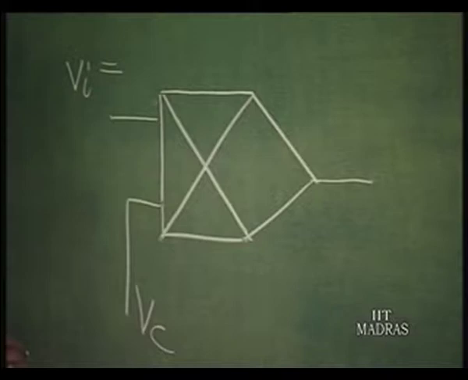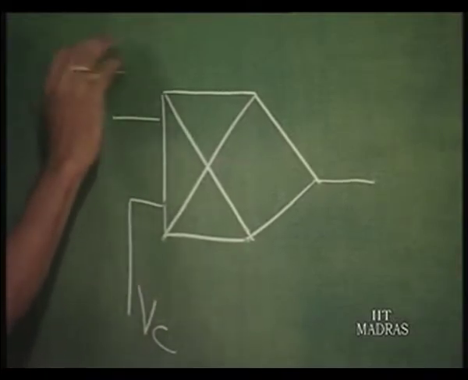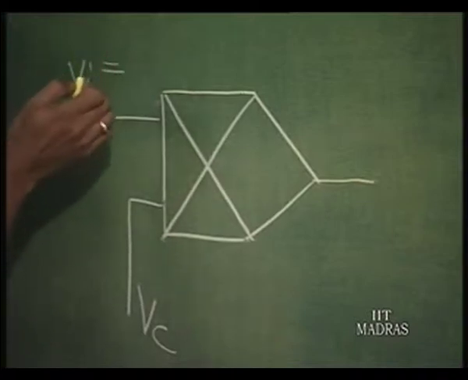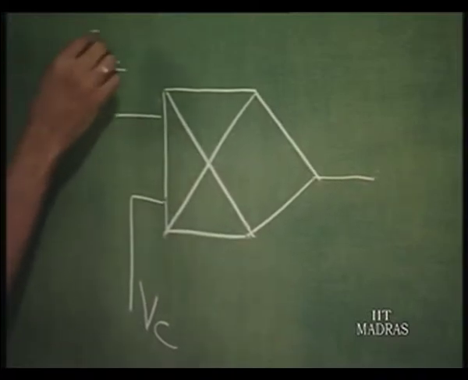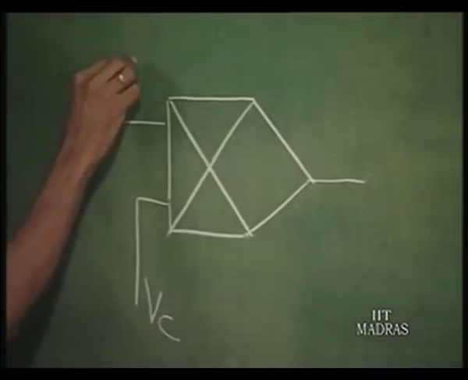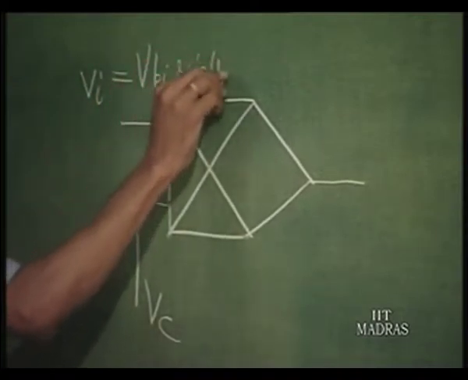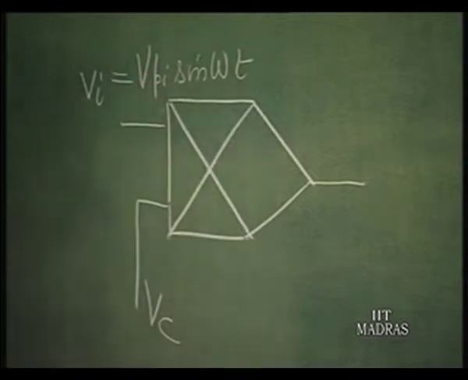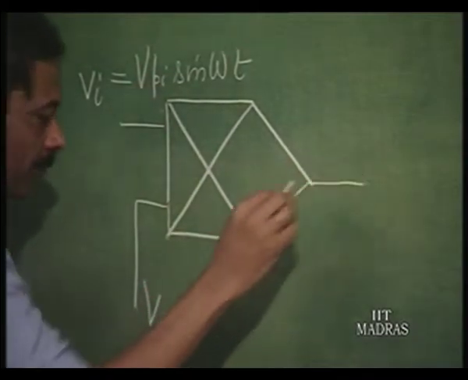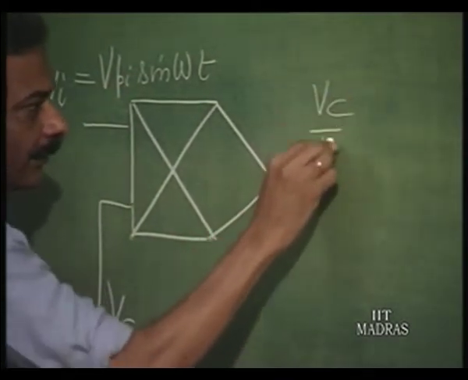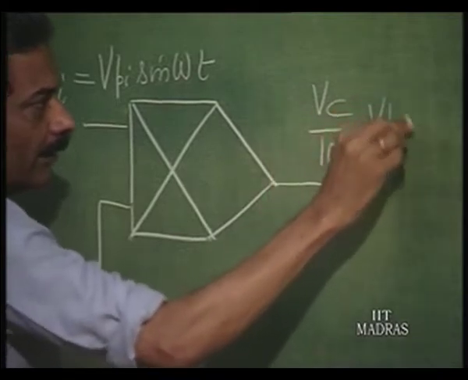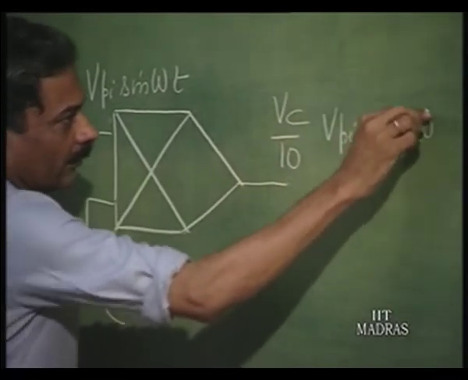It is understood that this has to be a sine wave, or a single frequency or a narrow band frequency, right, output. So this is Vpi sine omega t. This is the input. Output therefore is Vc by 10 times Vpi sine omega t.